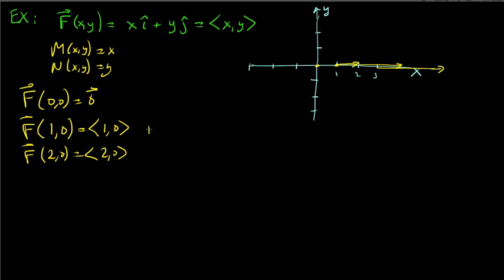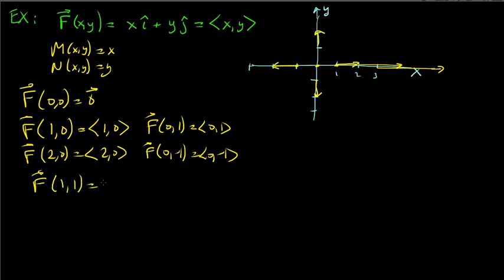The same is true in the vertical direction. If you plug in 0 and 1, you get the vector 0, 1, which points upward 1 unit. If you plug in 0, negative 1, you get 0, negative 1, which points downward. Plug in negative 1, 0, and it points to the left. If we plug in x equals 1, y equals 1, we get the vector 1, 1, which points this way.